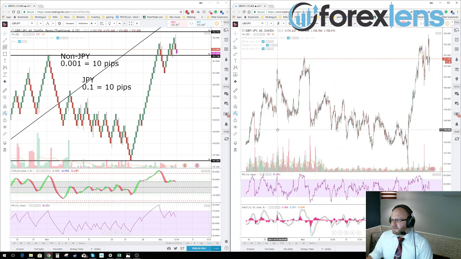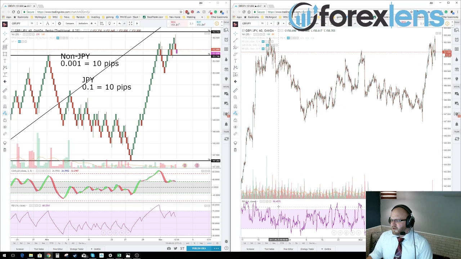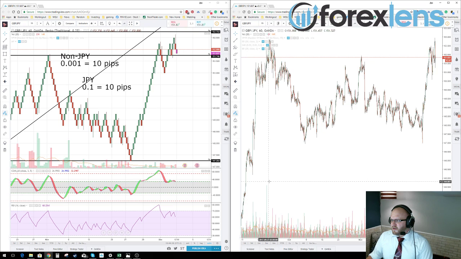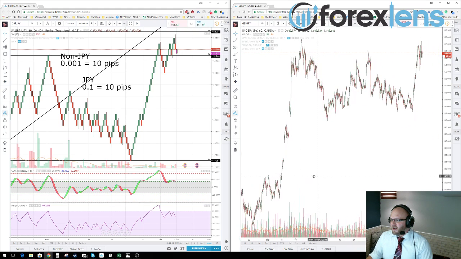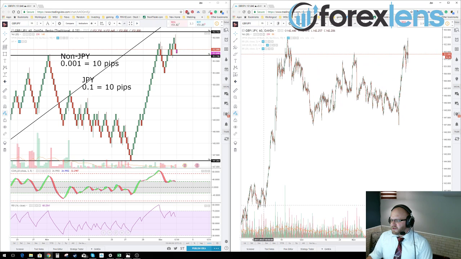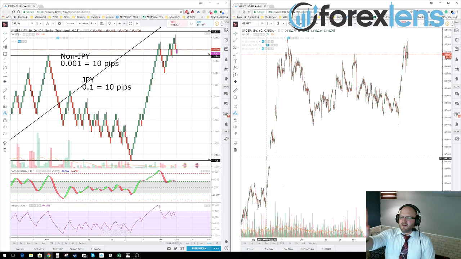I can't even fit all of it on the screen, but if you look at these two screens, from where my cursor is on the right window, that price action is exactly what's on the left side. All of that noisy chart on the right is what's happening in our Renko chart on the left.